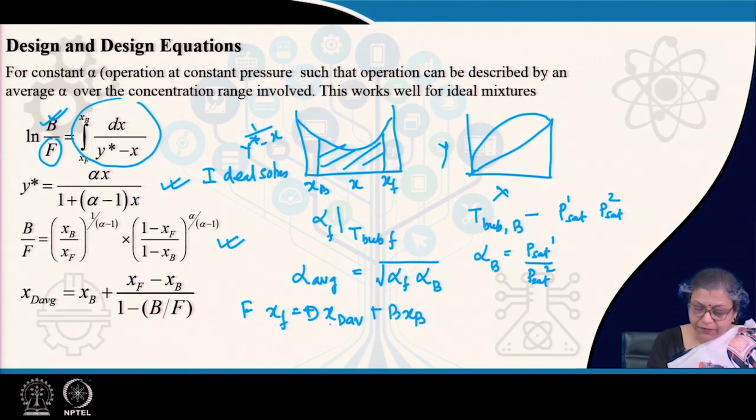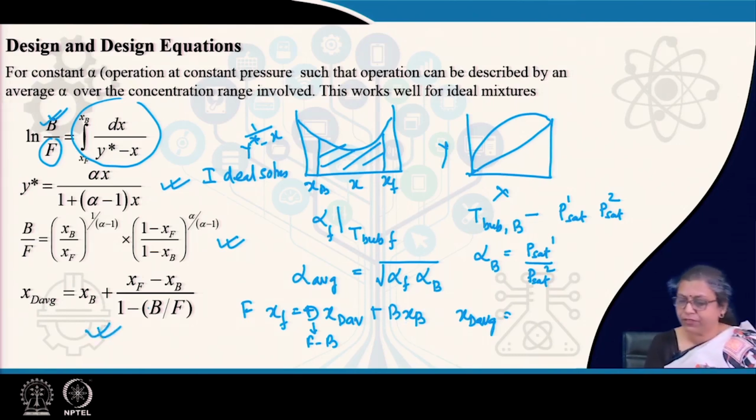So, from there we can find out xD average, and if you substitute D as F minus B, and then generally this is the fraction of the feed which remains as the bottom's product. So, you substitute it with F minus B, and divide the entire expression with F, finally the expression of xD average is obtained in this particular way. Now, therefore, these are the two equations that we use, and y star is calculated from this equation.